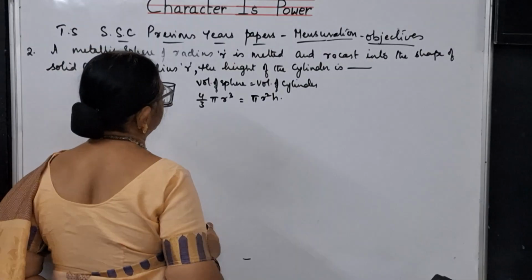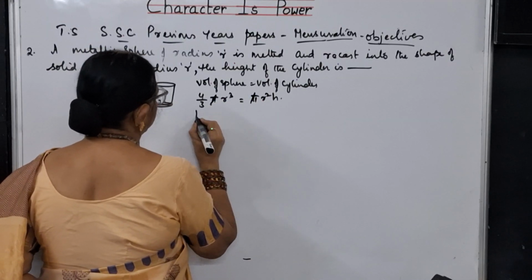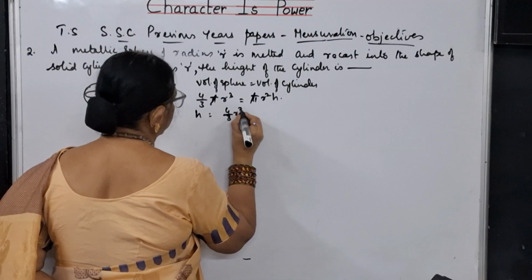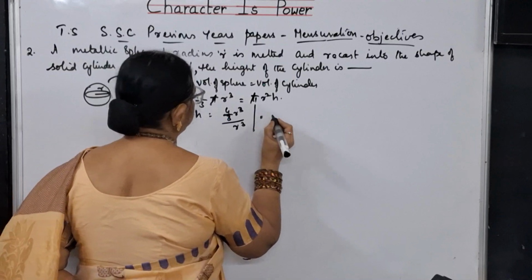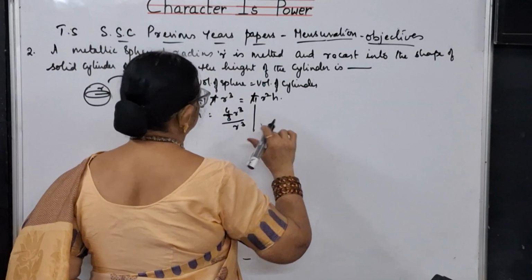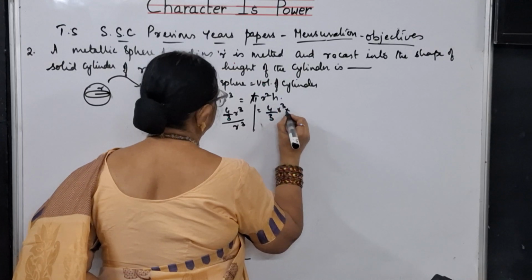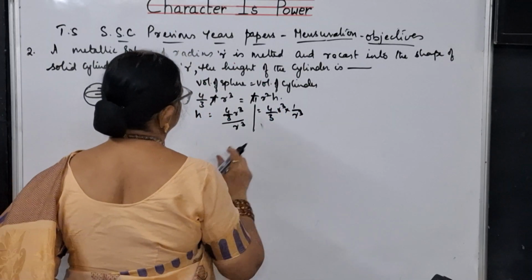Okay. Now what is that they are asking? This pi and pi you can cancel. H is equal to 4 by 3 r cube by r square. This means what? 4 by 3 r cube into 1 by r square.